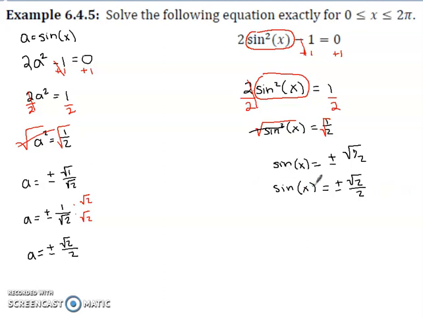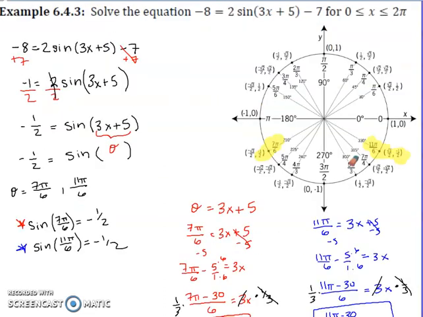Now we are going to look for the value of x on the unit circle, or the angle on the unit circle, from 0 to 2 pi. That gives us a sine value of square root of 2 over 2. So I'm going to go back to my unit circle, and I am looking for a sine value or a y value of positive or negative rad 2 over 2. I see that occurs at pi over 4.